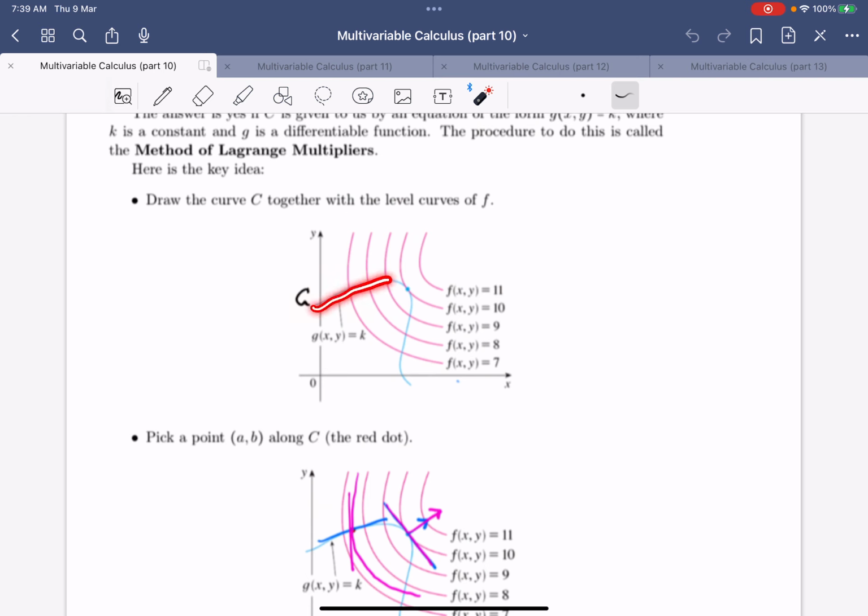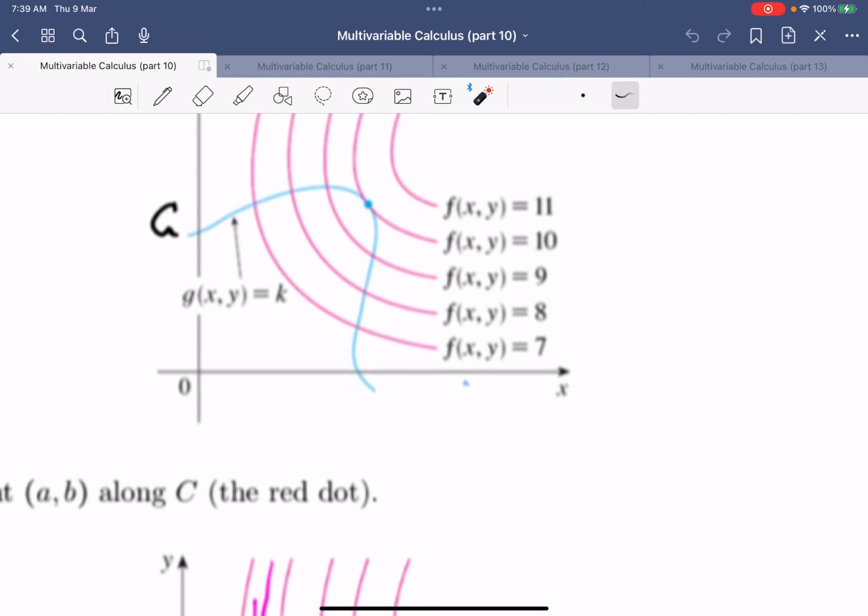Then you have your curve somewhere along this space. And we see that it increases over here, over here, over here. Then it starts decreasing. And so it actually only touches the level curve. And so if you were to draw a tangent line, it will be tangent to both this curve and the level curve.